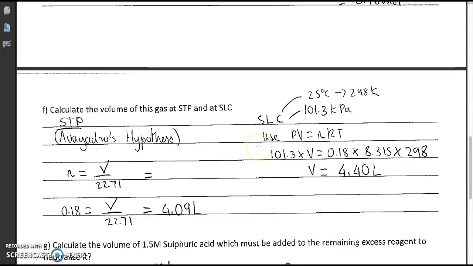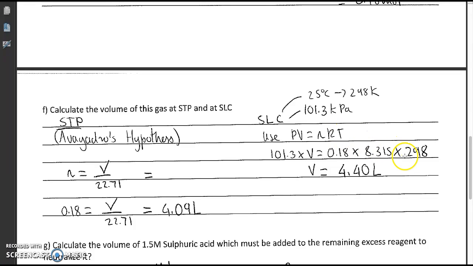So I'm going to use PV equals nRT to solve this question. P is my pressure, I'll place that in. V is my volume, that's what I want to find out. n is my moles, 0.18 moles. R is the gas constant, and this is 8.315 when using kilopascals.